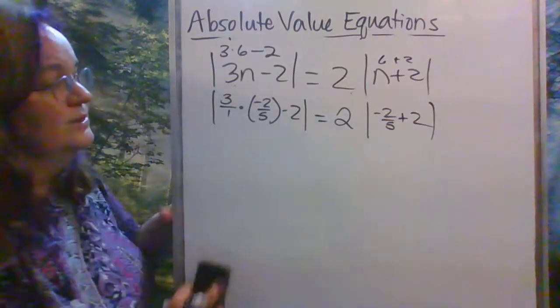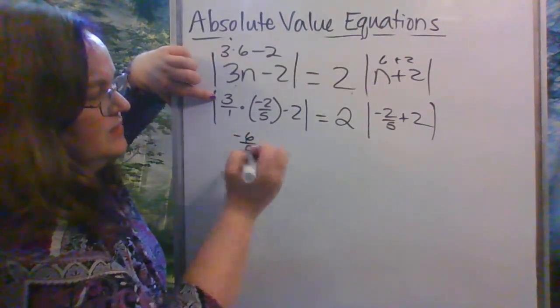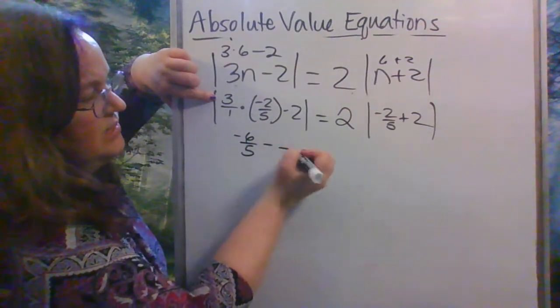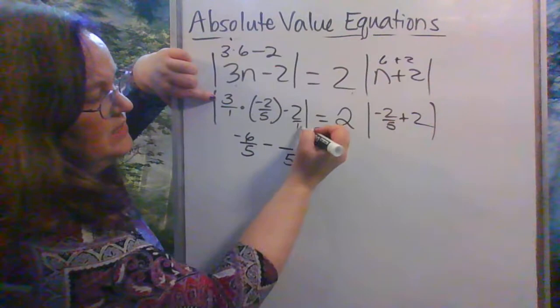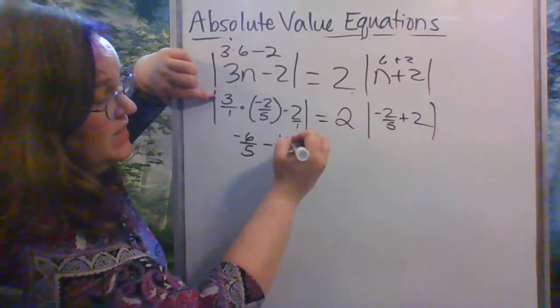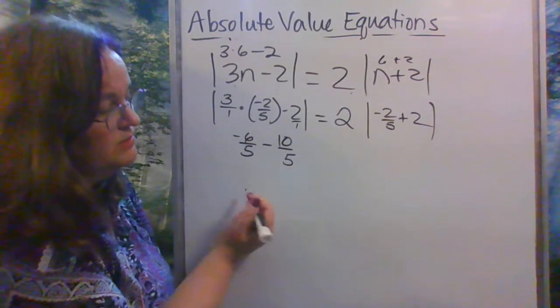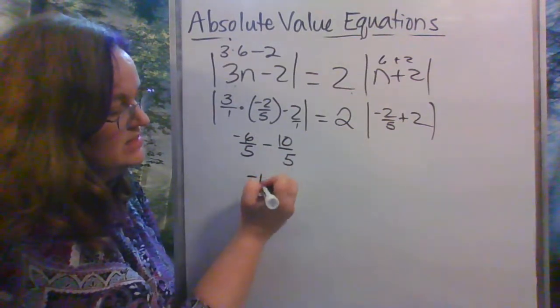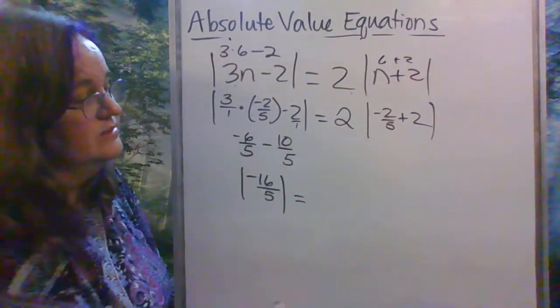Okay, so I multiply this out. I get negative 6/5. I'm going to go ahead and get my common denominator. This is like 2 over 1, so that's 5 times 2 is 10. It's a negative minus another number, so it's like adding. So it's negative 16/5, absolute value.